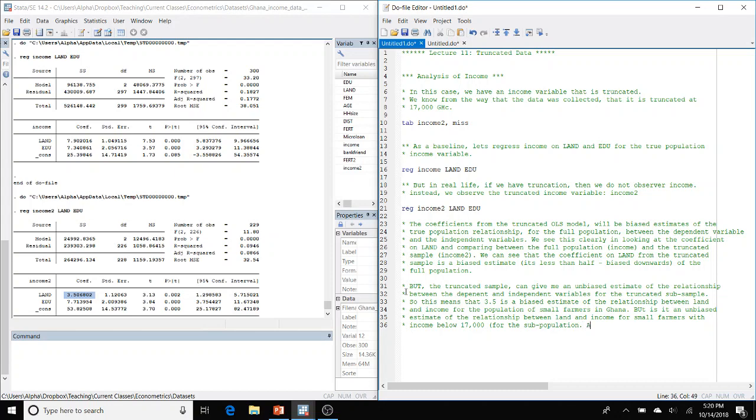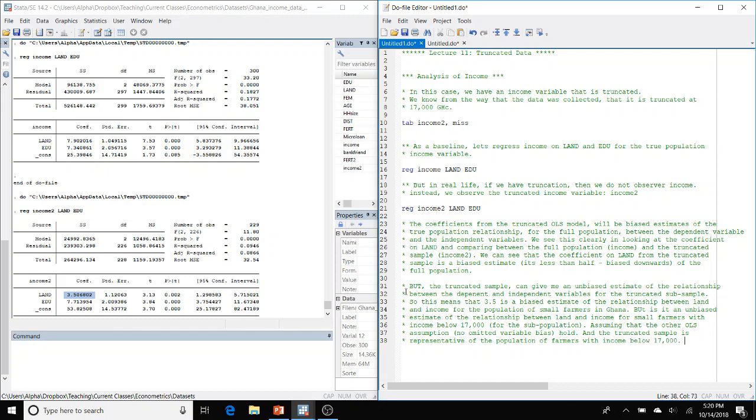assuming, of course, that the other OLS assumptions hold, so basically no omitted variable bias, and the truncated sample is representative of the population of farmers with income below 17,000.